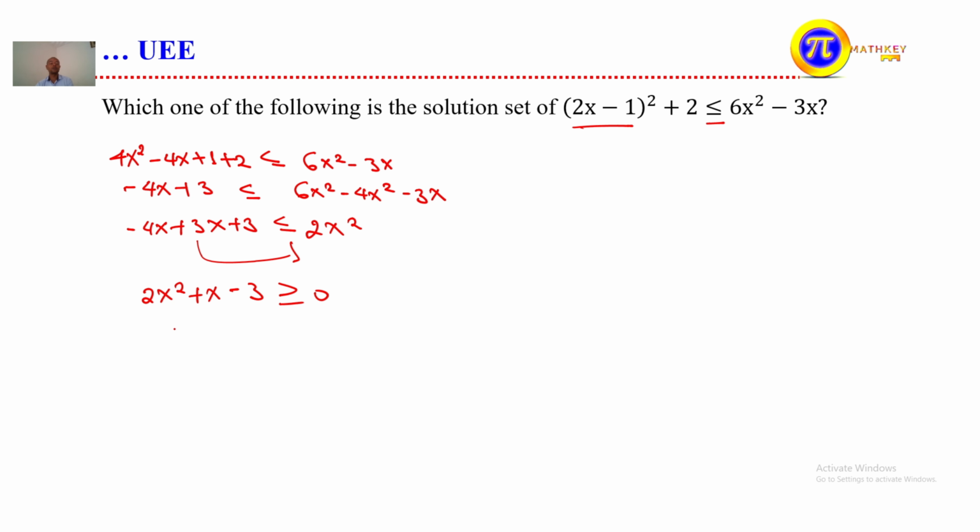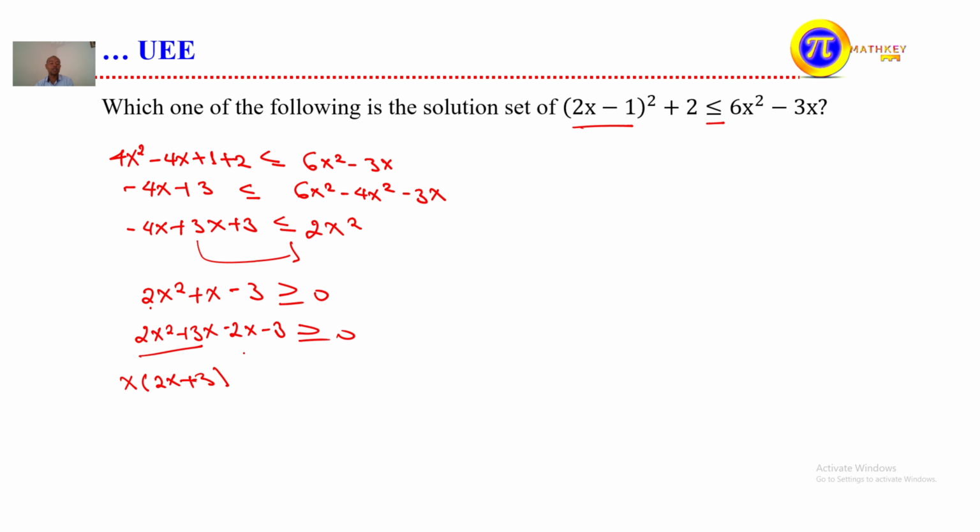As we did before, we try to find two numbers whose sum is negative 1 and their product is negative 6, since 2 times negative 3 is negative 6. This means 2x squared plus 3x minus 2x minus 3 is greater than or equal to 0. If I take the common factor for the first two terms, it is x into 2x plus 3.